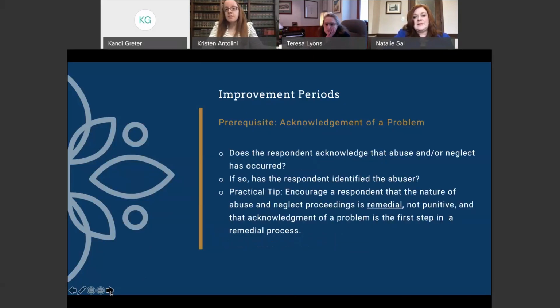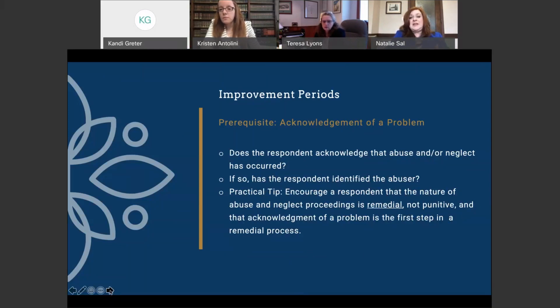And if someone is going to be asking for an improvement period, what is the prerequisite for obtaining an improvement period if you're an adult respondent? The purpose of an improvement period is to be able to work with services as a team, and individually the respondents work with services and remedy the conditions of abuse or neglect that existed.